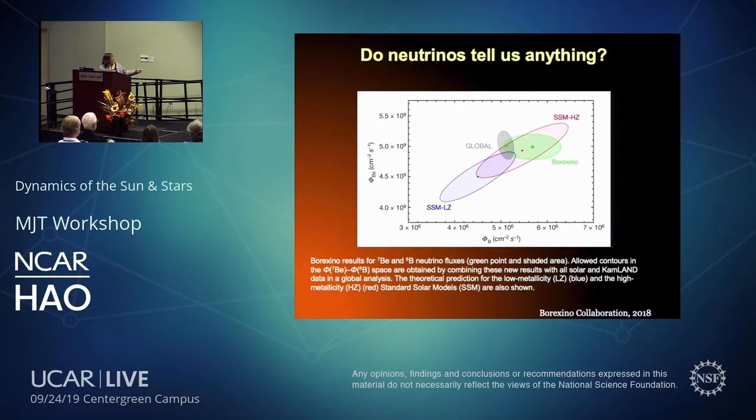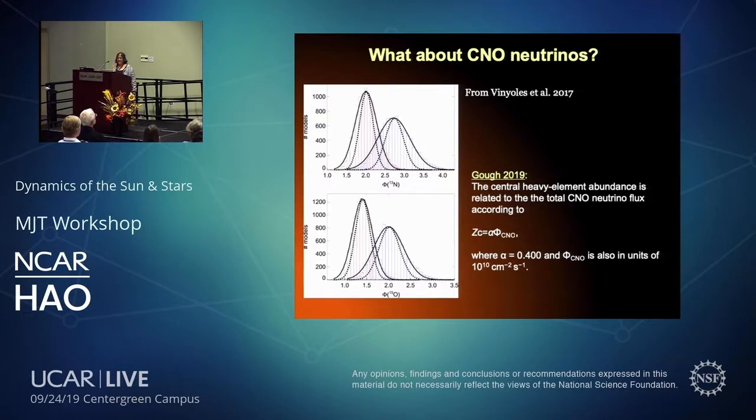This global is where you use helioseismic constraints as well as neutrinos. By helioseismic constraints, I mean the base of the convection zone and helium. So again, Nuria did simulations to look at the differences in the CNO fluxes for high Z models versus low Z models. And they're well separated. They did a Monte Carlo, so they're quite well separated.